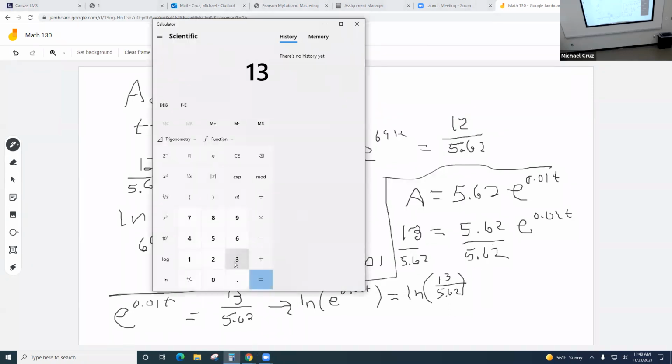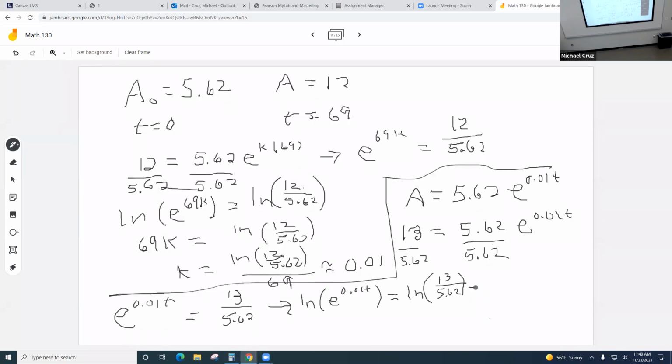so 13 divided by 5.62. Ln that value. All right, I'm going to go ahead and proceed.